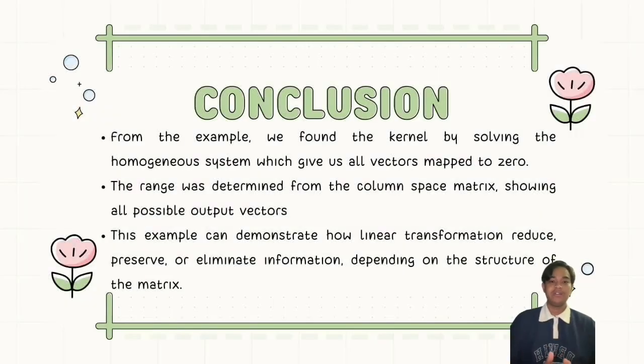In the conclusion, from the example, we found the kernel by solving the homogeneous system, which gave us all vectors mapped to 0. The range was determined from the column space of the matrix, showing us all possible output vectors. This example demonstrates how linear transformations reduce, preserve, or eliminate information depending on the structure of the matrix.